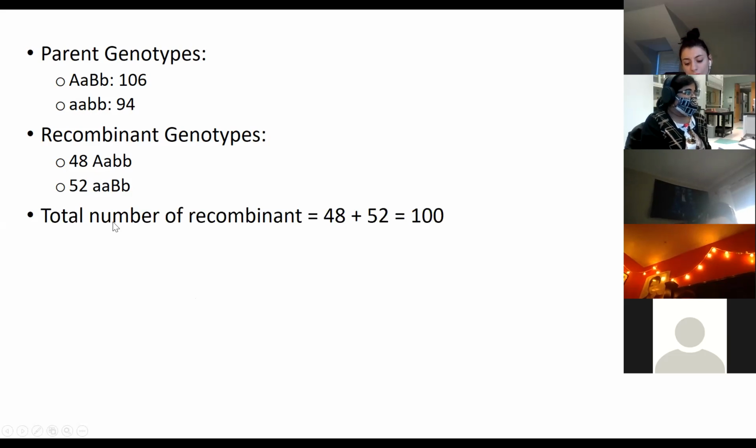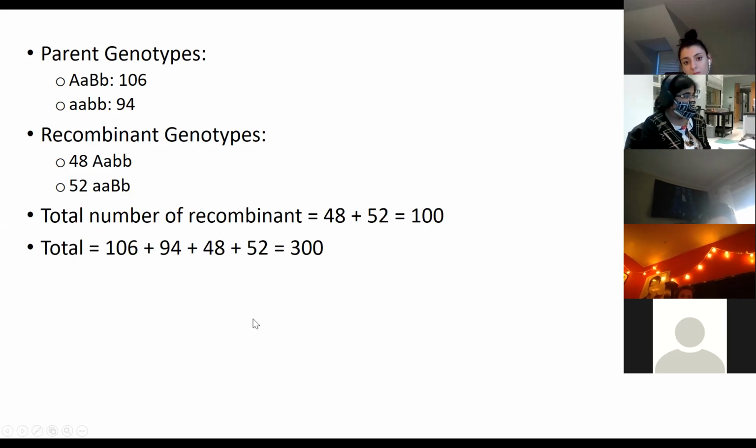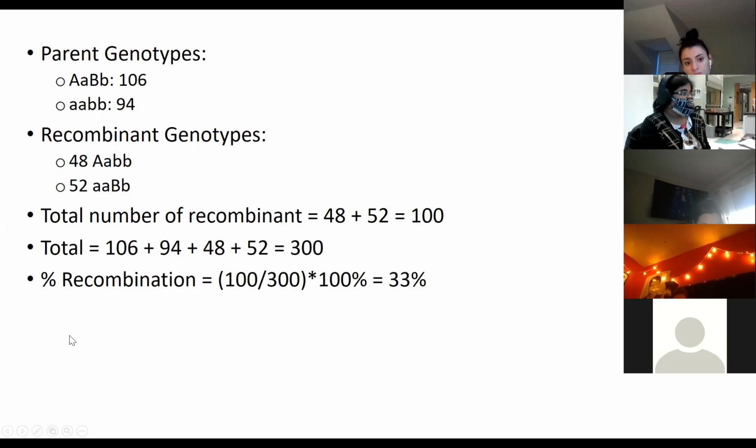In this case, the total number of recombinants is 100 when you add these two together. The total number of progeny is 300. So the percent recombination ends up approximately 33%, because you're putting 100 over 300 times 100%.